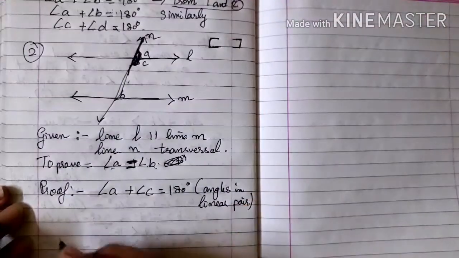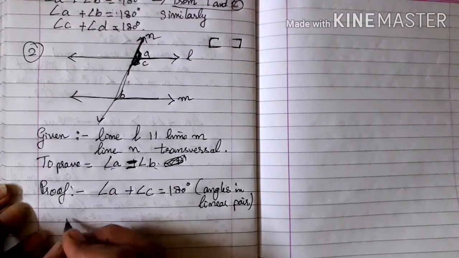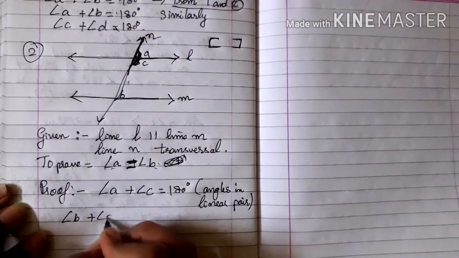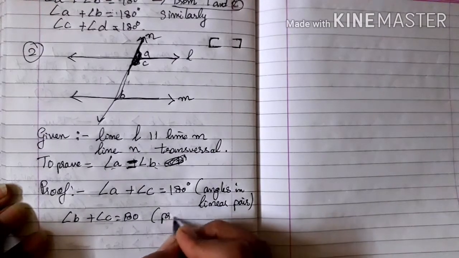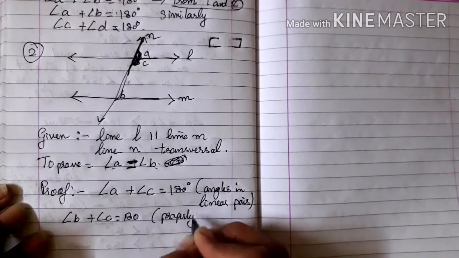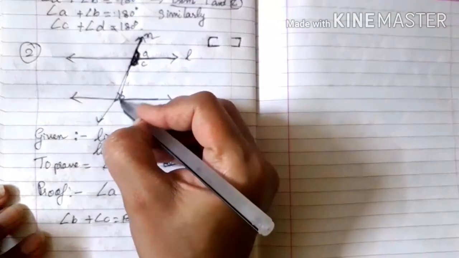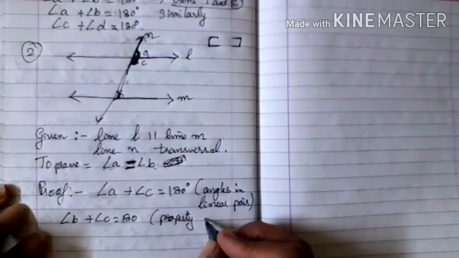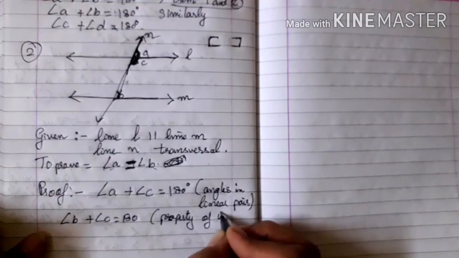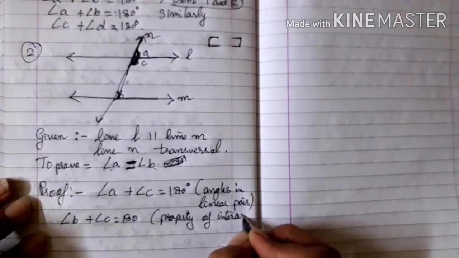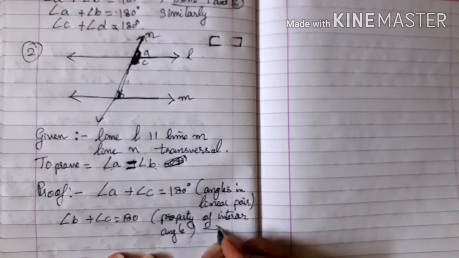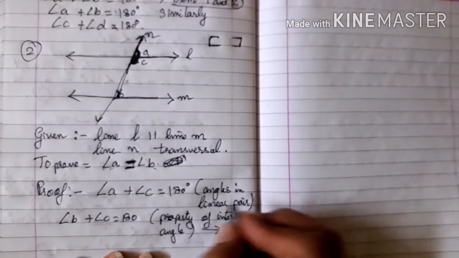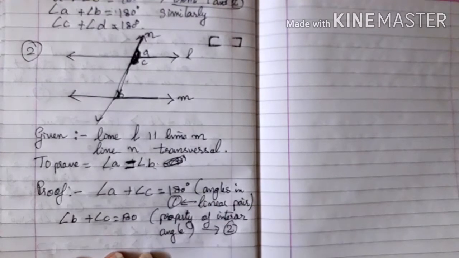Now angle B plus angle C is equal to 180 degrees. For this we are using the property of interior angles for B and C. Got it? This is supposed to be the second conclusion, and the earlier one is the first conclusion.